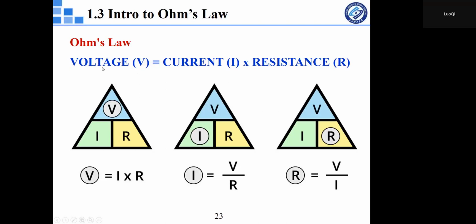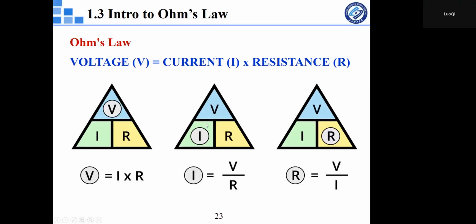You can see the voltage is equal to current times resistance. And we can see the three formulas. First one, voltage is equal to current times resistance.